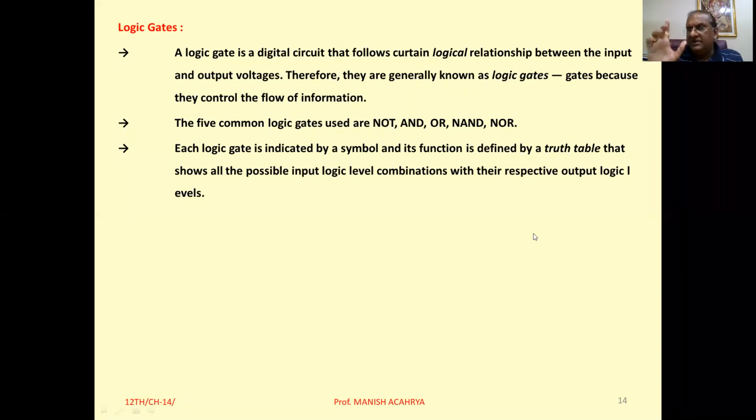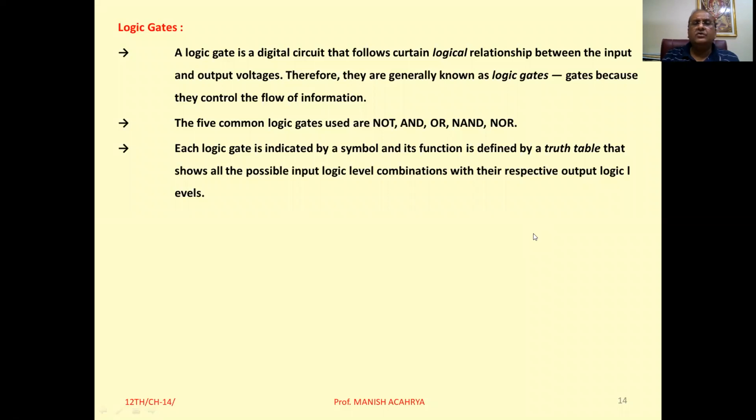Each and every logic gate will be represented by its symbol, and its working will be represented by a truth table. That truth table is nothing but how you will get the output, or what output you will get, for different combinations of inputs. That representation, one type of observation table, is called a truth table.